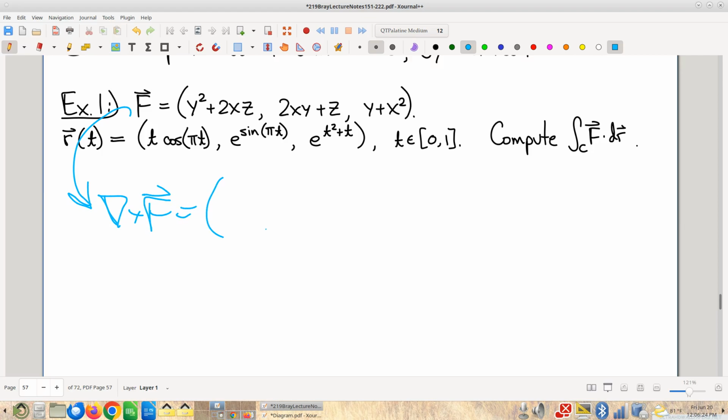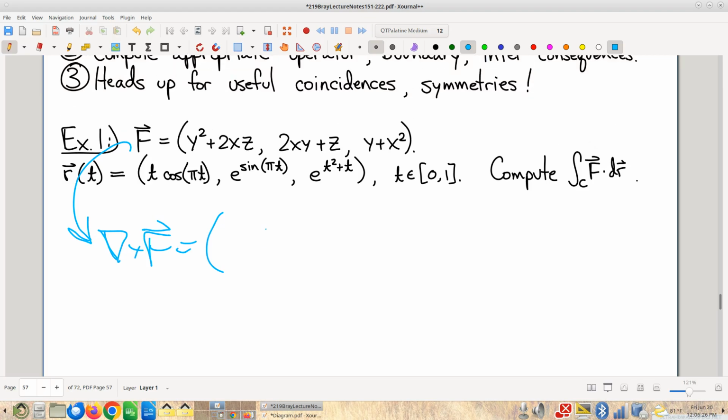By the way, my little hack: I know that the little partials are going to go like this, and I know that there's sort of I, J, K up there. This is how I like to think. So when we're looking for the first coordinate, we're going to take the Y partial of that minus the Z partial of that. Eventually you'll just kind of use your imagination and see those things up there.